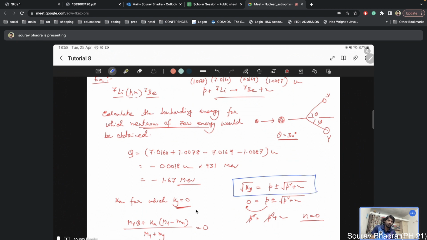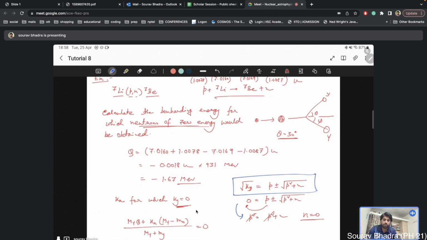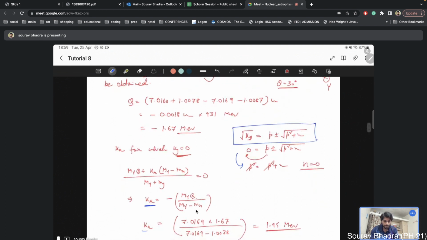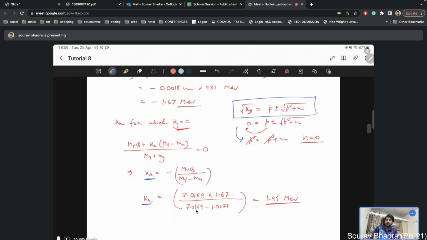We put the value of Ky as 0, and that gives us the condition that n should also be 0, and we know the expression of n. By putting that expression and equating it to 0, we get the value of Kx. So this is one type of problem which can be asked from the kinematics of nuclear reactions.